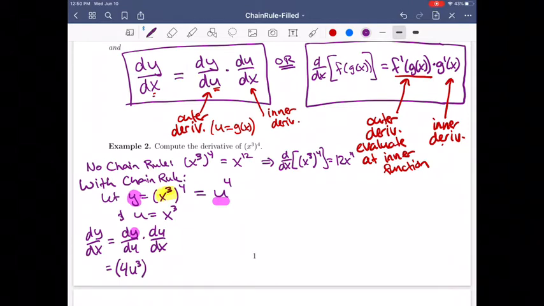And then the du dx is my u equation, and I want to take the derivative with respect to x. So I'm going to be multiplying by 3x squared. Now I want to replace what u is because I want this in terms of x. So this is 4 times x cubed, all cubed, times 3x squared.